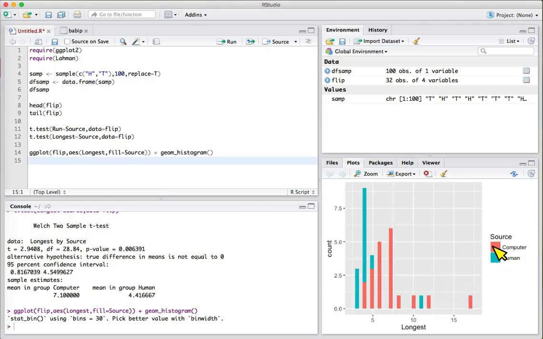The computer-generated data had longer runs. It was one run of 17 tails, as a matter of fact. And the students tended to have much shorter runs, 3, 4, 5, and 6. One student did have a run of 11. But the point here is that people often fail to realize that what appear to be streaks, either streaks of success or streaks of failure, may not be anything except random variation.